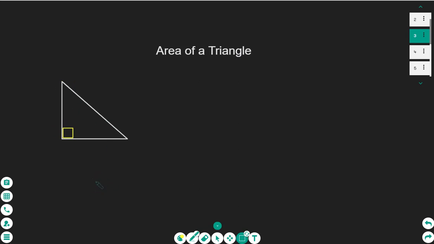So the way we're going to find area for triangles is actually through a neat little trick. And that is that every triangle's area is exactly half the area of a box that it could be contained in, based on its height and its base.